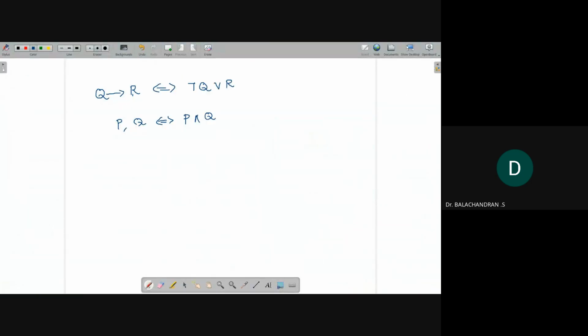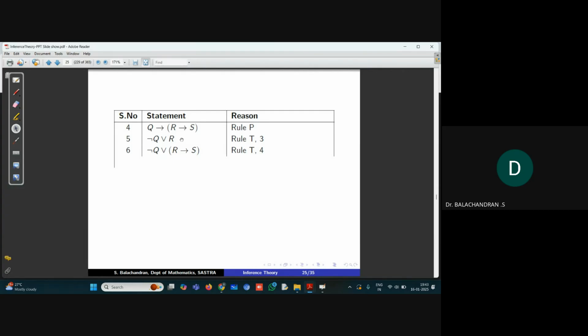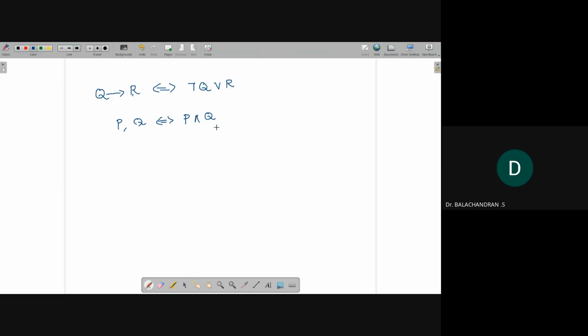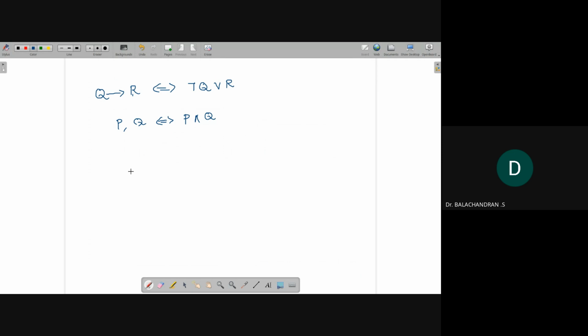Okay, so actually this is P, this is Q. So I told that P comma Q is equivalent to P and Q. So what is in our problem? What is P? Negation Q R R, this is P. And then what is Q?